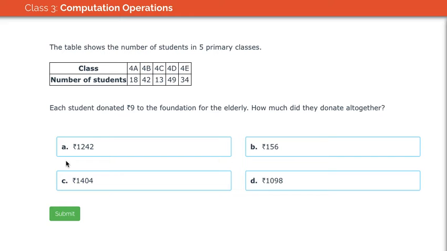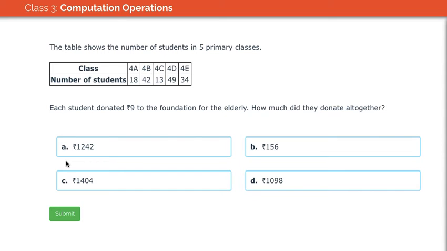18 plus 49 plus 42 plus 34 plus 18 plus 30. So let's add. Let's see if we can make a 10.